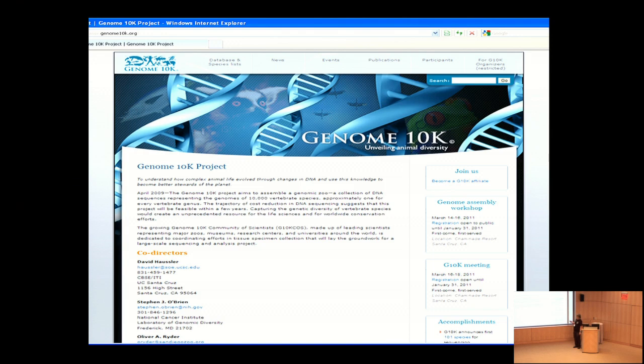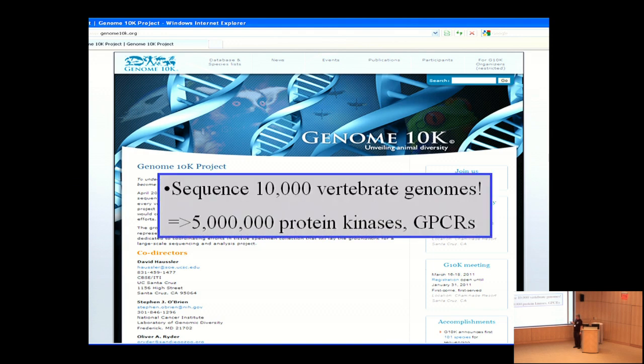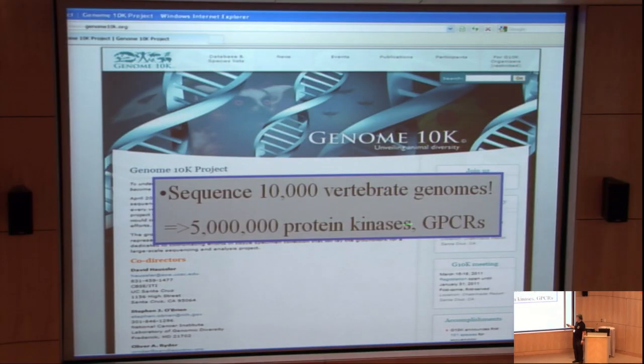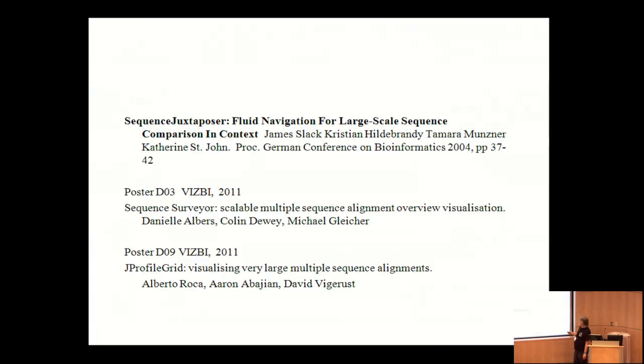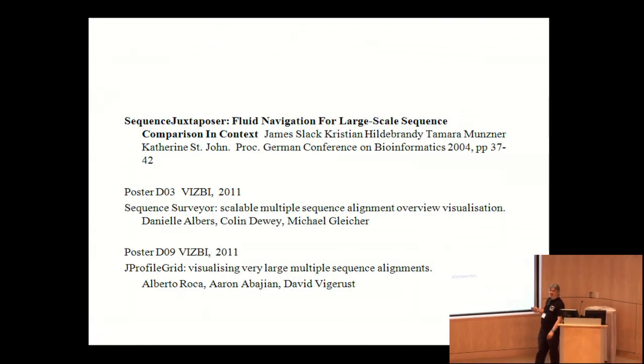And if they do all of this, if there are 500 protein kinases per genome, you are going to end up with 5 million protein kinases and 5 million G-coupled receptors. And that's just those two families, and that's just vertebrates, okay? So there are some very big alignments coming down the line real fast. And so this is an opportunity, and well, it's a problem, but for us, it's an opportunity.